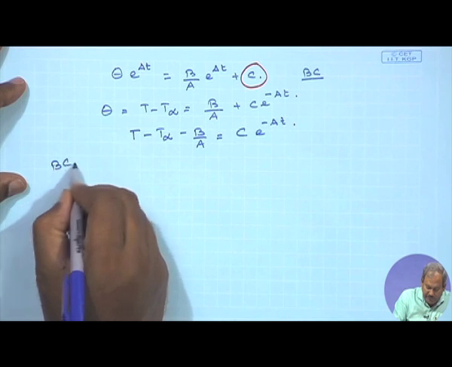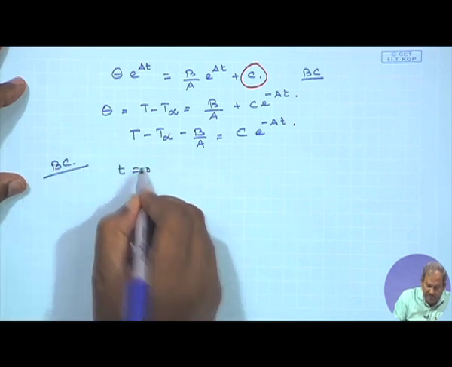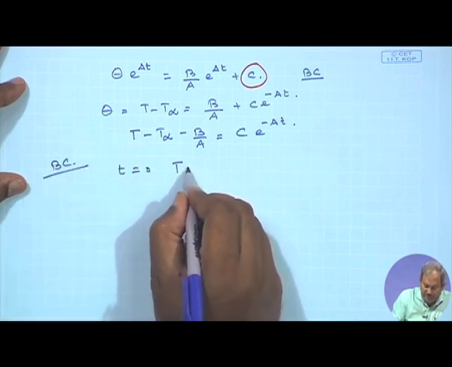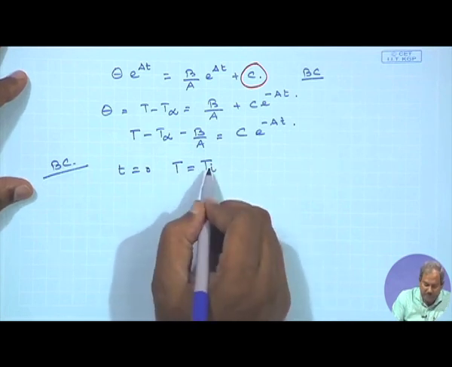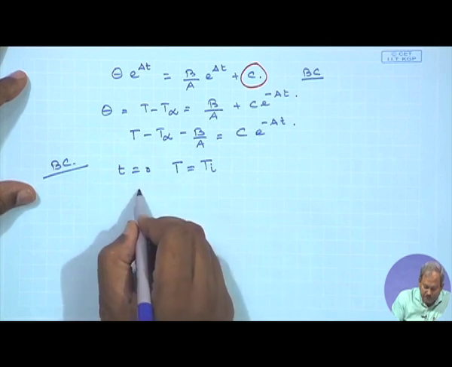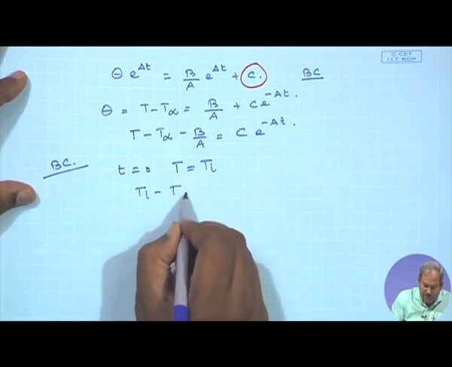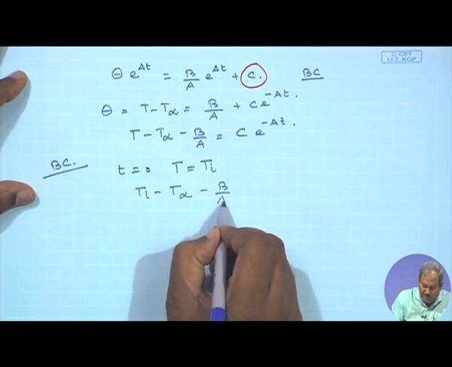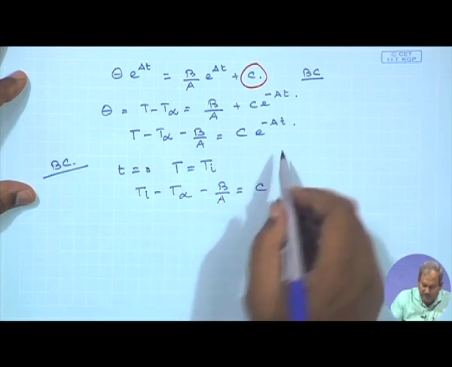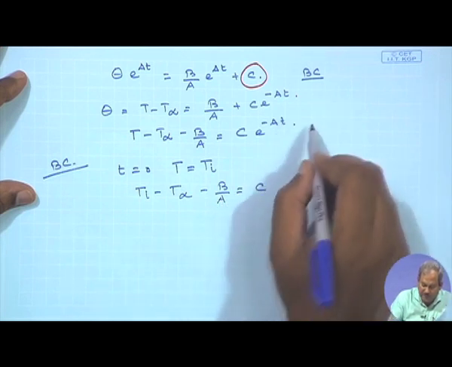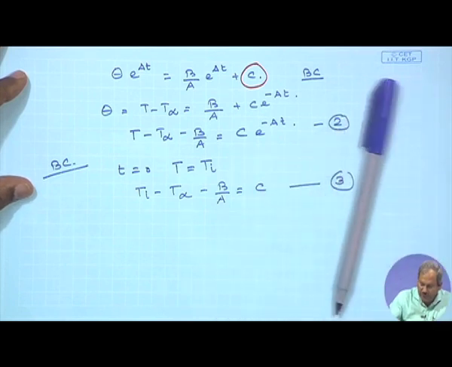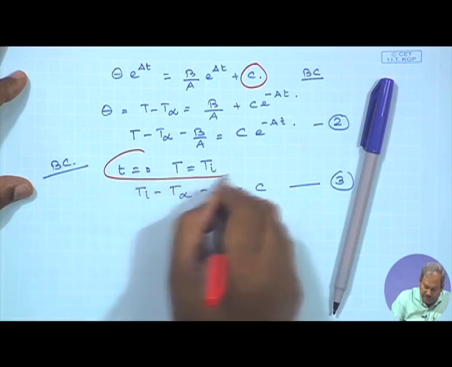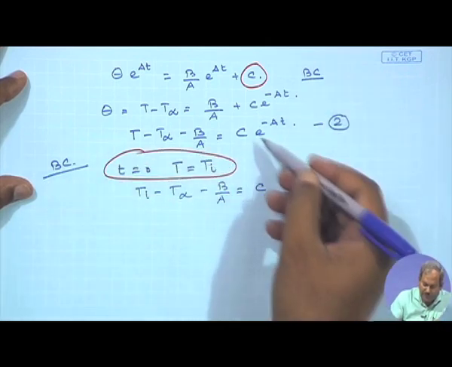The boundary condition that can be used is that at t equals 0, the temperature is the initial temperature of the solid wire. Therefore, T i minus T infinity minus b by a is equal to c, and this is at t equals 0. So, this is my equation 2 and this is my equation 3. This is the boundary condition that has been used in order to evaluate c.